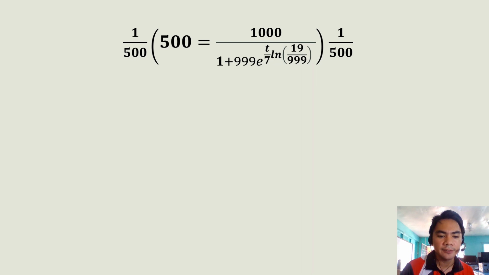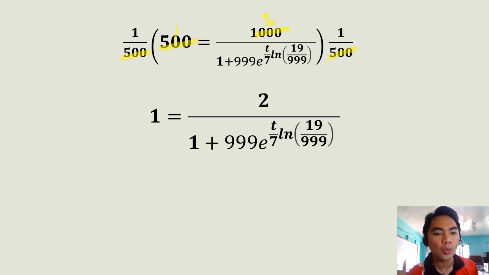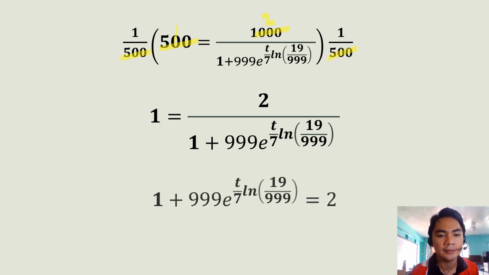Right, now let us simplify. So, this cancels out. Multiply both sides by 1 over 500. Okay, 1,000 divided by 500 becomes 2, and this one becomes just 1. So, we have 1 is equal to 2 all over 1 plus 999 e raised to t over 7 ln 19 over 999.